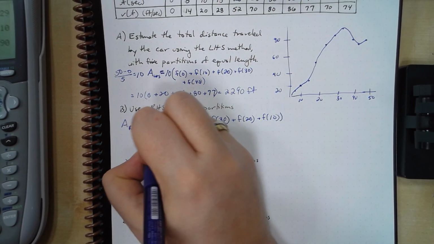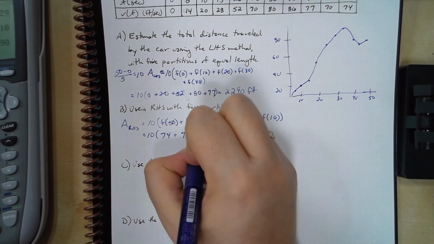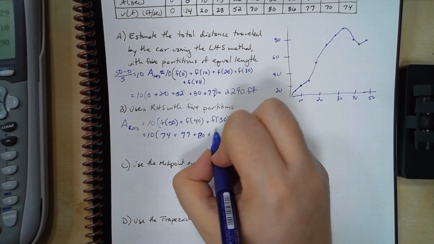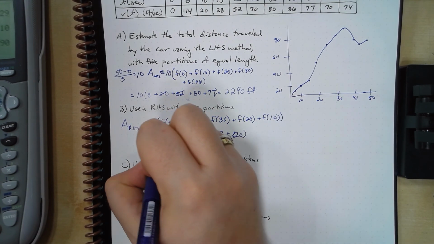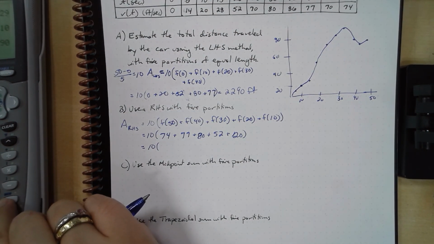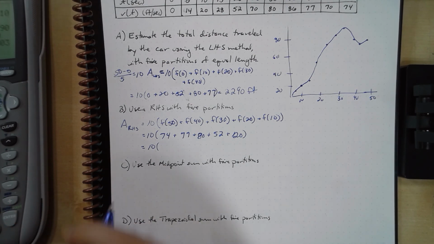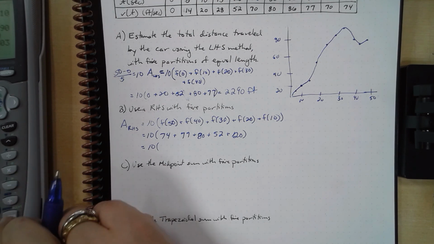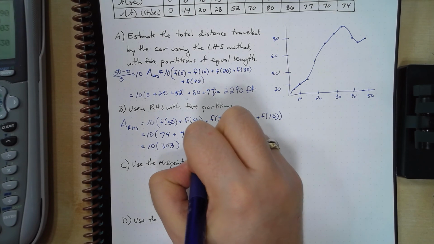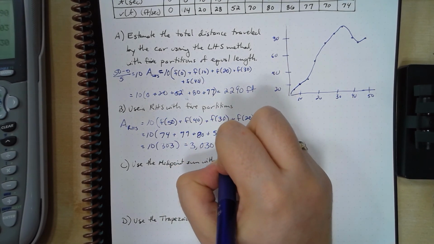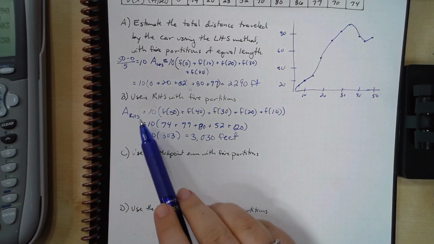So that's going to be equal to 10 times 74 plus 77 plus 80 plus 52 plus 20. Woo! All right. So this is 10 times 303, which equals 3,030 feet.